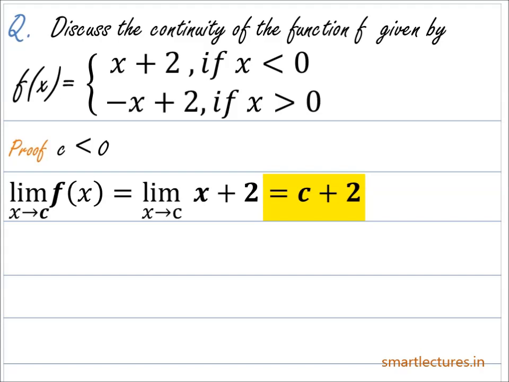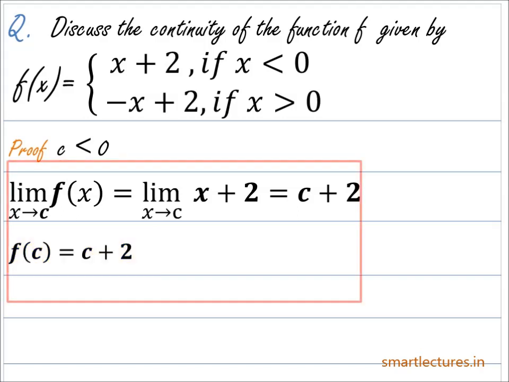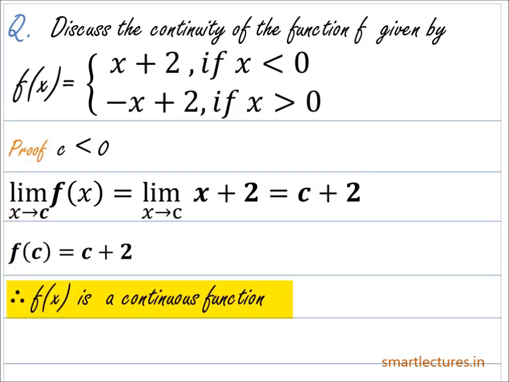And what's the value of the function at x equal to C where C is less than 0? The value of the function at the point C is f of C, which is equal to C plus 2, which is equal to the limit of the function at the point C. So the limit of the function as well as the value of the function at the point C, where C is less than 0, are equal, or the function f is a continuous function in the domain D1.